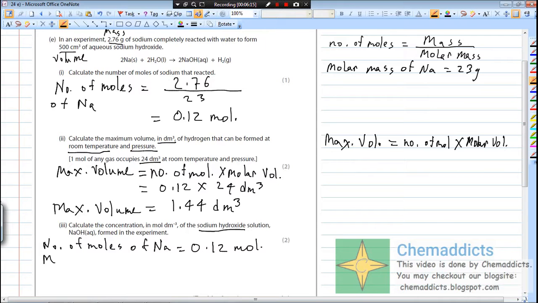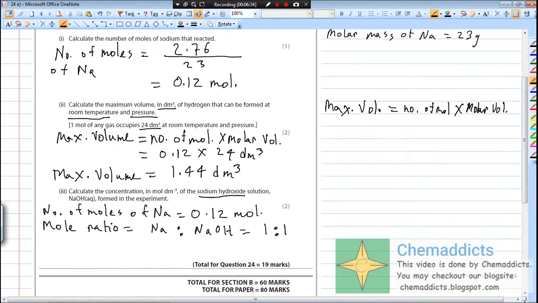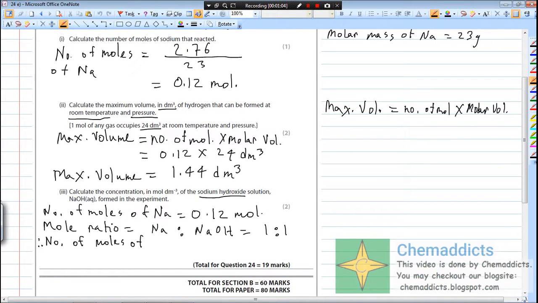Since the mole ratio of sodium to sodium hydroxide is 1:1, the number of moles of sodium hydroxide will also be 0.12 mole.